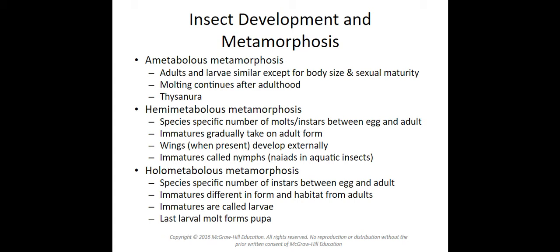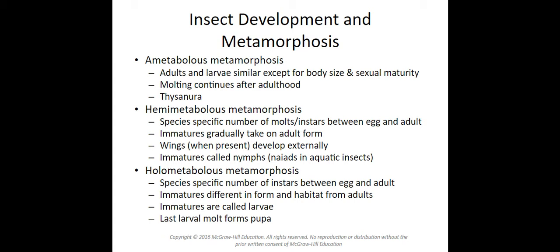Insects will go through direct or indirect development and metamorphosis, depending on the insect. So there's ametabolous metamorphosis. These are going to be when adults and larvae are similar, except for their body size and sexual maturity. So these are going to be your Thysanura.